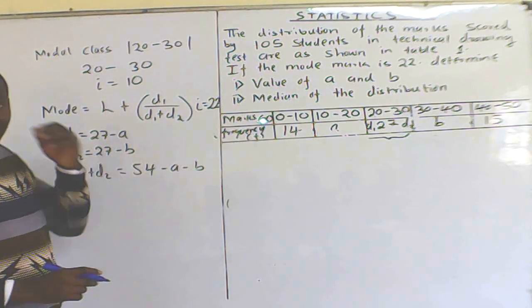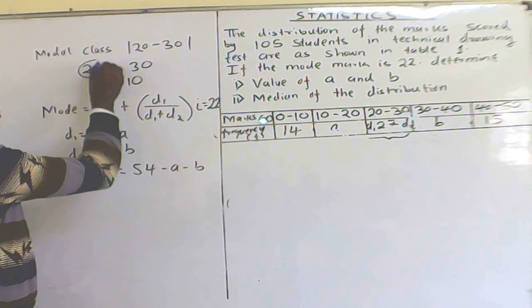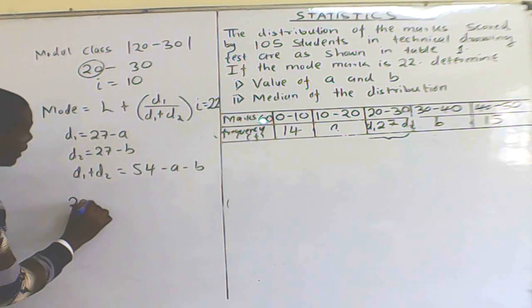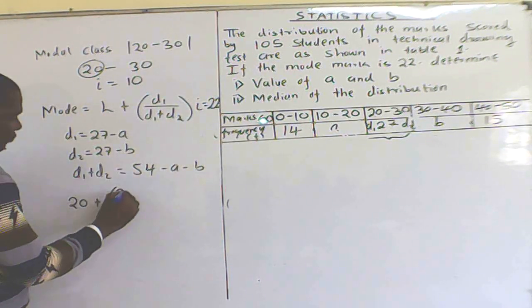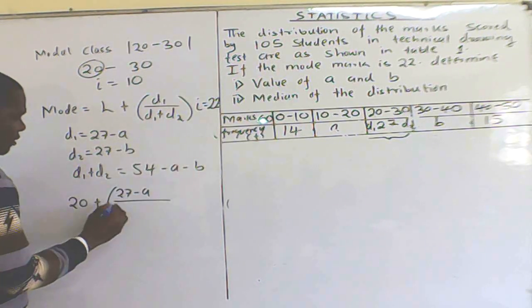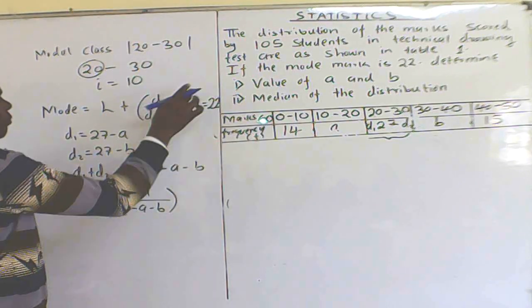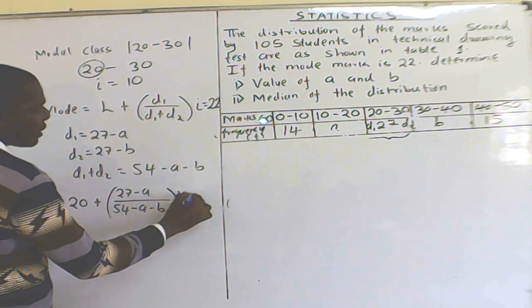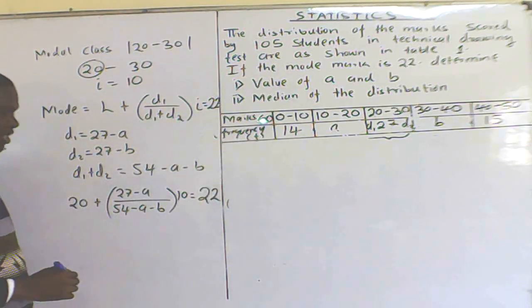Then we substitute everything in the formula. The lower class limit of the modal class is 20, plus D1, which is 27 minus A, over D1 plus D2, which is 54 minus A minus B, times the class interval 10, equals the mode, which was given as 22.